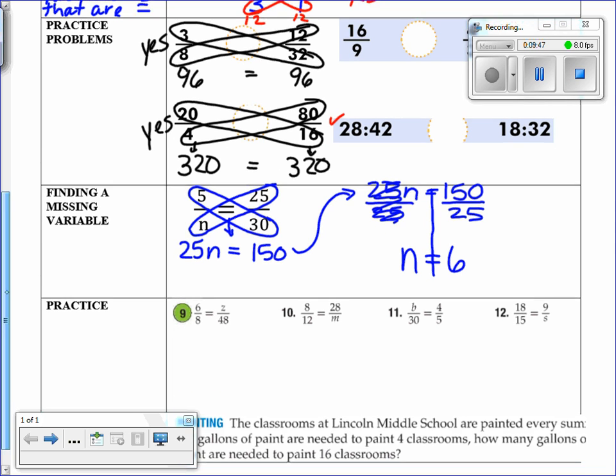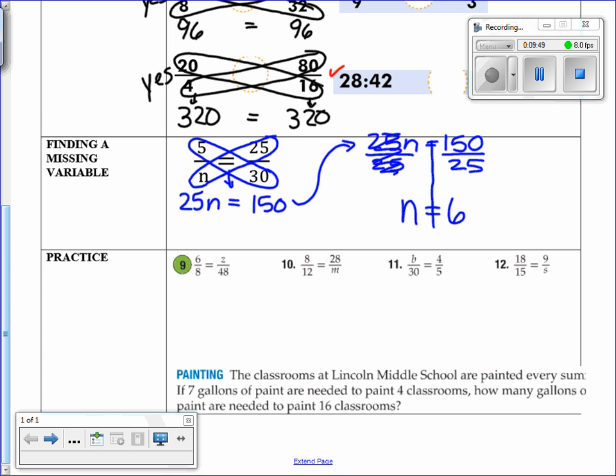All right, for the practice problems, again, I'm going to go ahead and do 2 of them, and then I'm going to ask you to do the other 2 for homework. So here I have, let's see, 6 times 48. I use my calculator. I get 288.